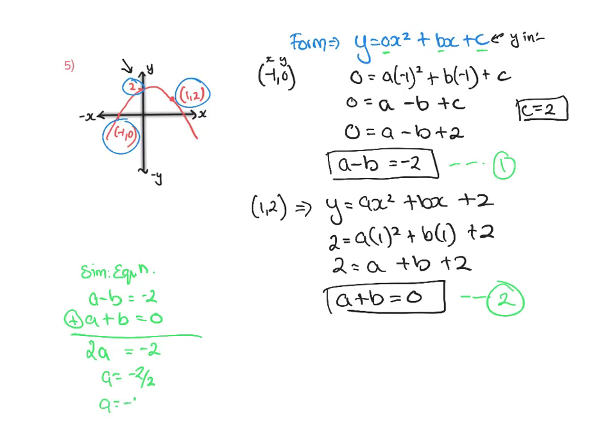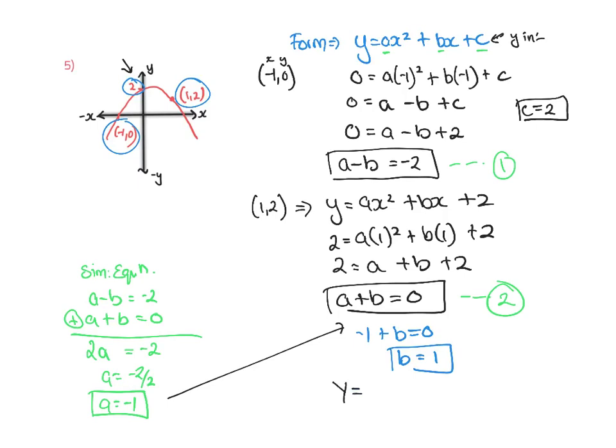So a equals negative 1. So we found out what a is. And then you can plug that into any formula with the b. So say over here, and I can say, well, negative 1 plus b equals 0. So b equals 1. Okay, so you've found all the things, so you could probably write the equation now.